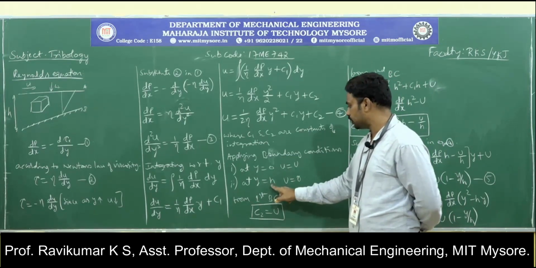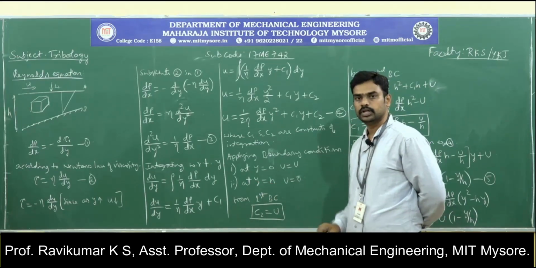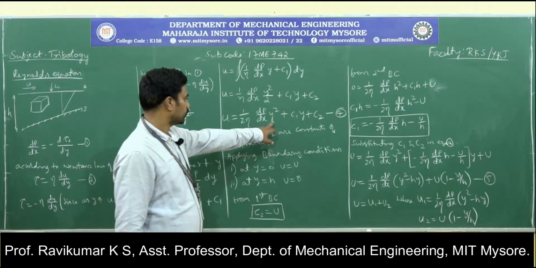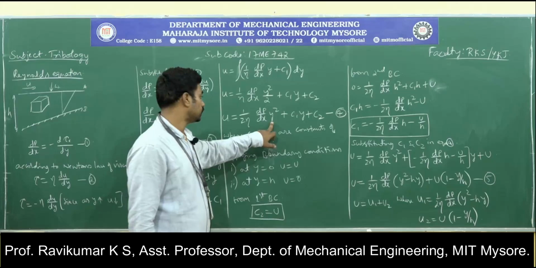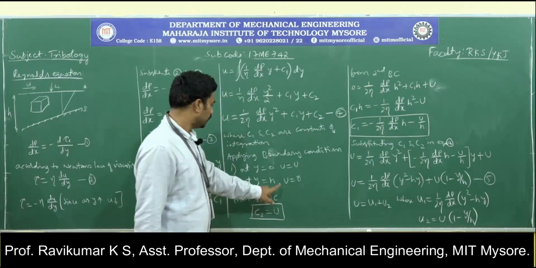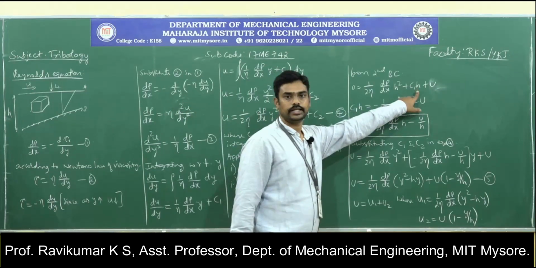Then applying the second boundary condition, y is equal to h, u is equal to 0. In the place of y, substitute h, so y becomes h square, that is what is written here. Then C1 into h, in place of y substitute h.